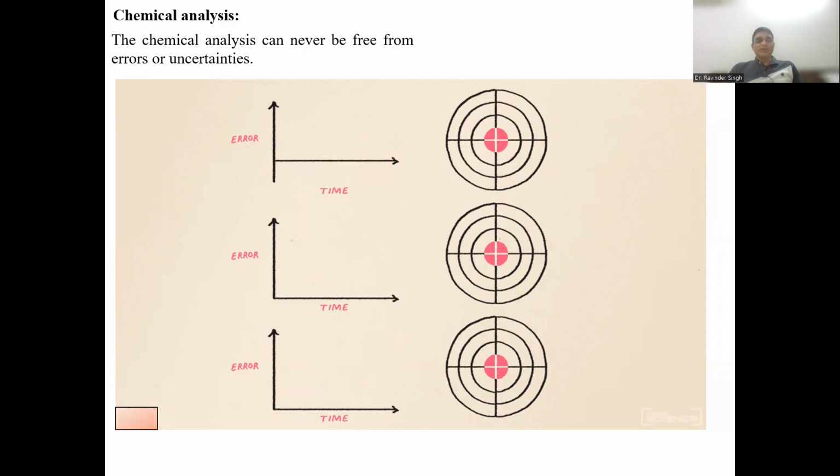Because of that, we can plot these different types of graphs. Different persons have different handling, and due to different handling, there may be different types of errors. We will study all these things in detail.